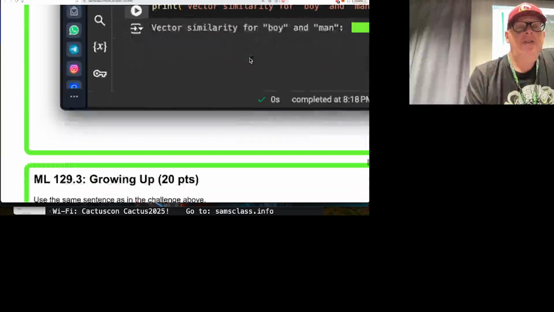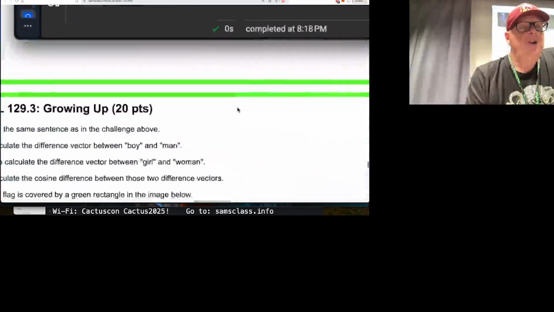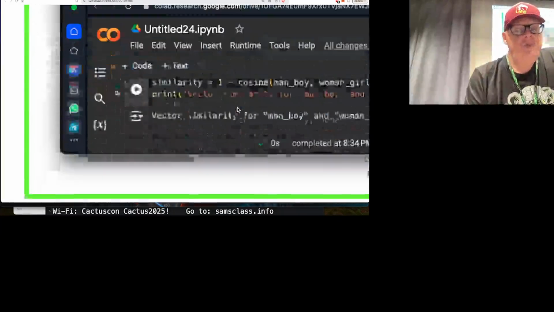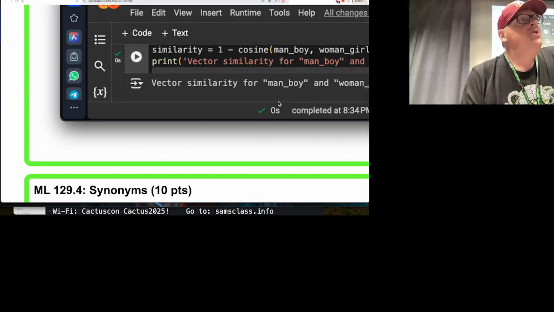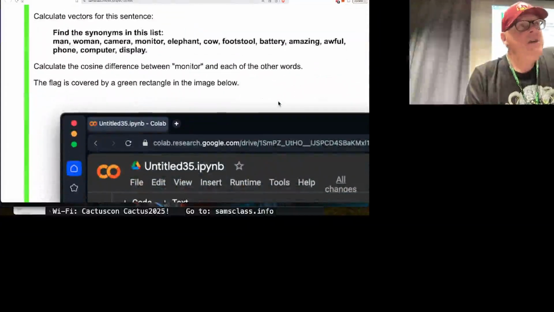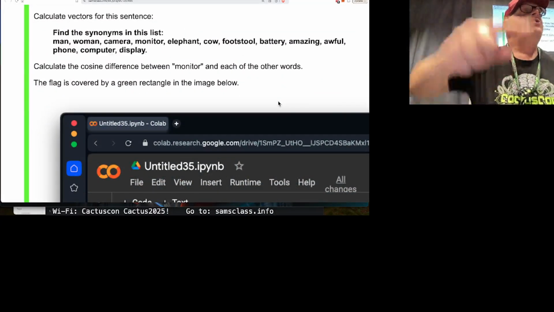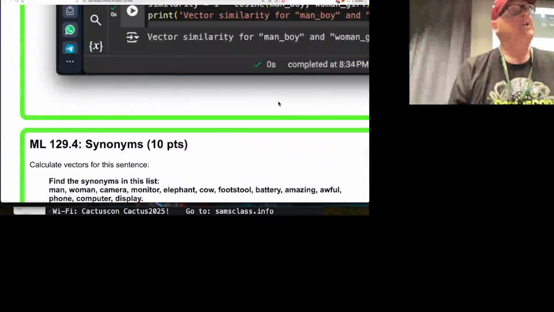You can calculate the vector similarity between boy and man and the vector similarity between girl and woman, and then you can calculate the vector difference between boy and man. And it's the same as the vector difference between girl and woman. So even relative meanings are preserved mathematically here. And it did all that without understanding anything, just by training on the data with masking to calculate the relative differences. So that's what's going on.